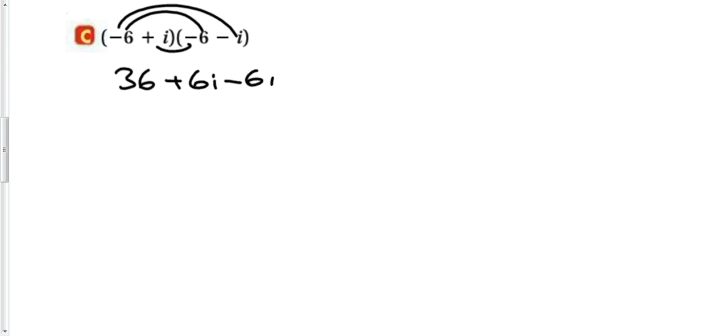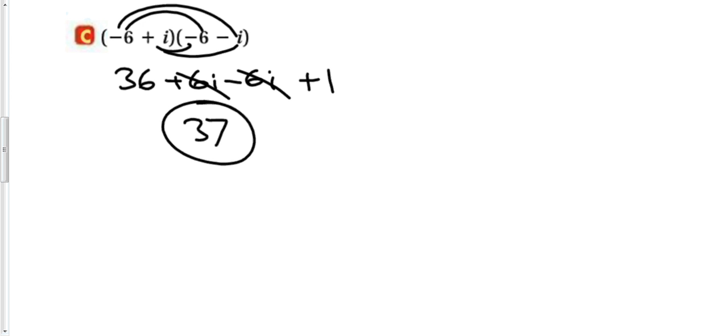Inside, minus 6i. And the last would be negative i squared, which changes into negative 1, which changes into plus 1. Minus and minus 1 turns into plus 1. And look here, we have plus 6i and minus 6i, so they cancel each other out. So my answer is 37.